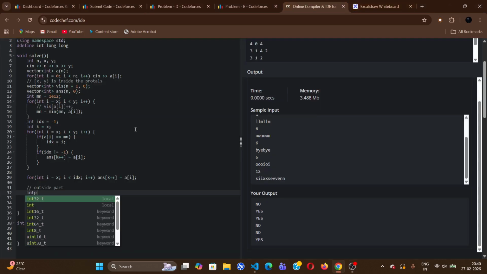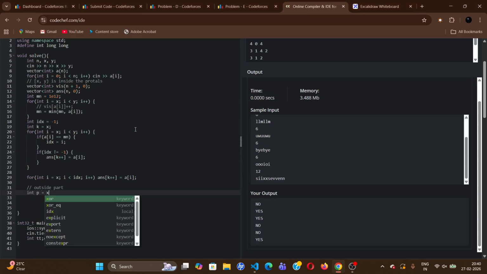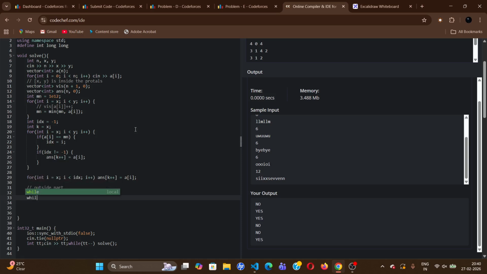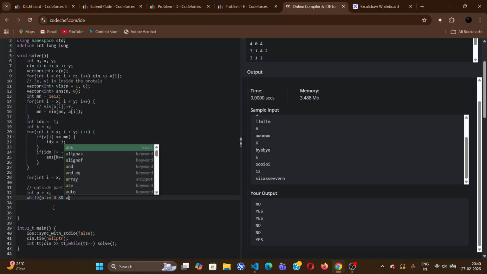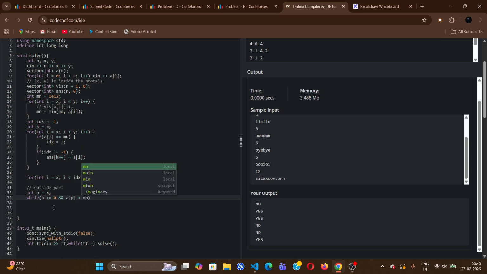Now e of p, sorry, it will be greater than mn, we'll do p minus minus.